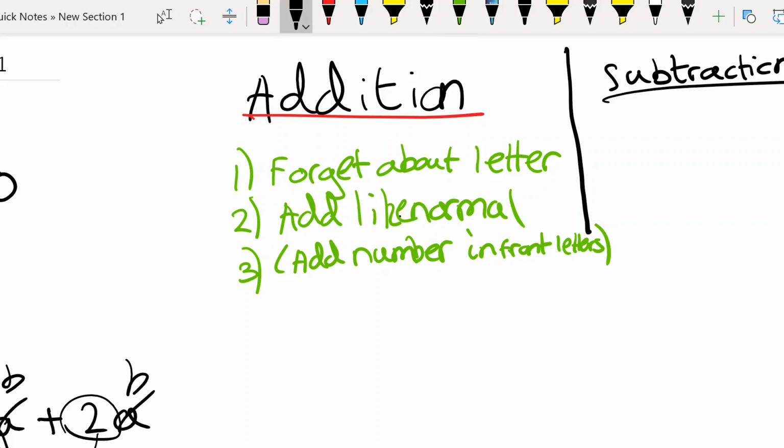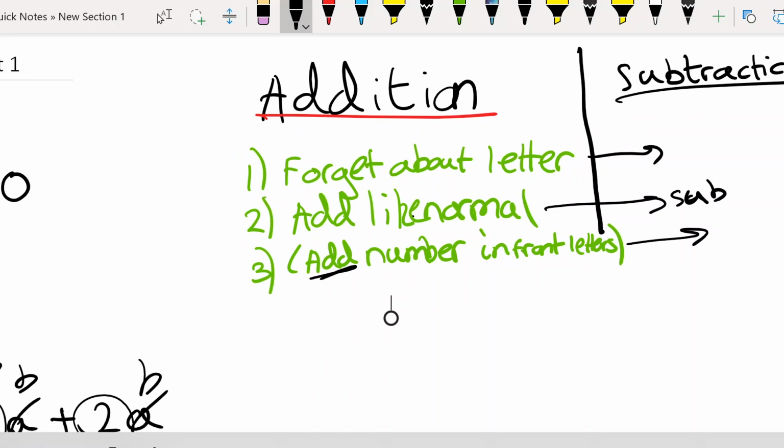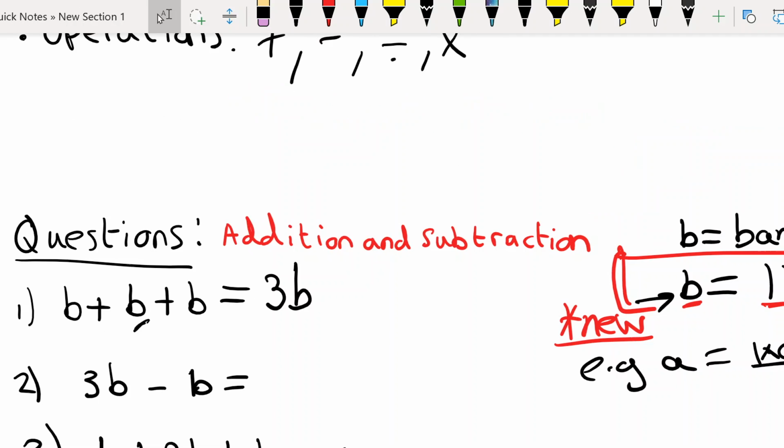You forget about the letters, you add like normal, or subtract like normal in our case. When I say add, I mean put, not literally add. Just stick the letters next to the numbers at the end, so you're clear about what's going on.